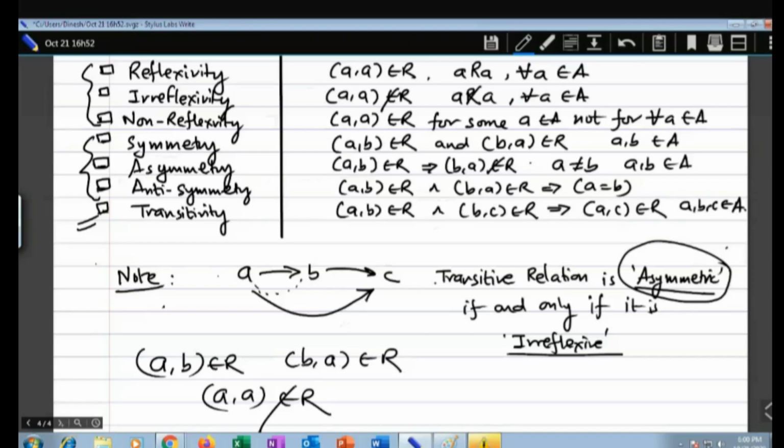So in this one line, three different properties are covered: transitivity, asymmetric relation, and reflexivity. So you can understand how questions can be asked in the GATE examination about relations on sets.